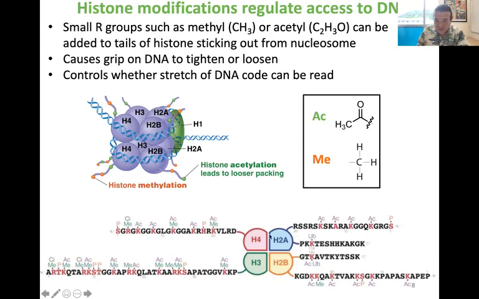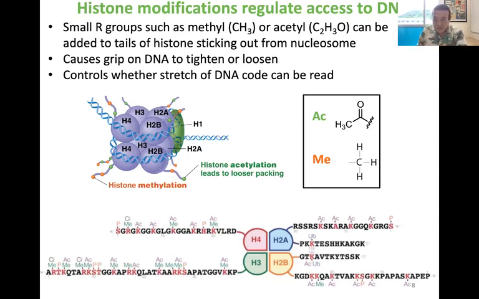That's what this UB is. You can see many of these are lysines. Hopefully you've been making some progress in memorizing your amino acid abbreviations. K is lysine. So many of these are lysines that get acetylated or methylated, and that can impact the shape of the histone protein and how it has to shift around.